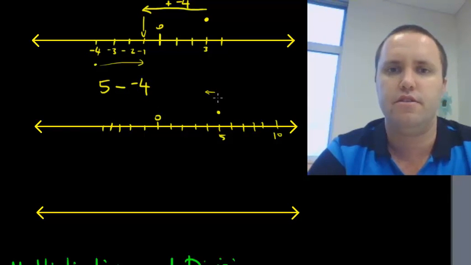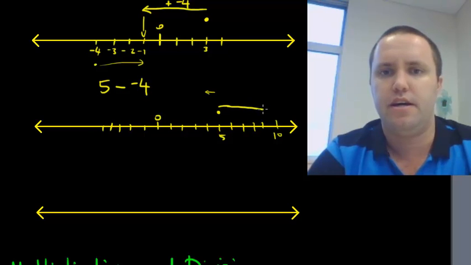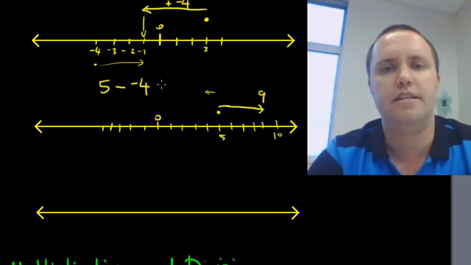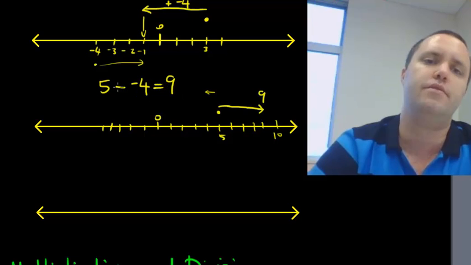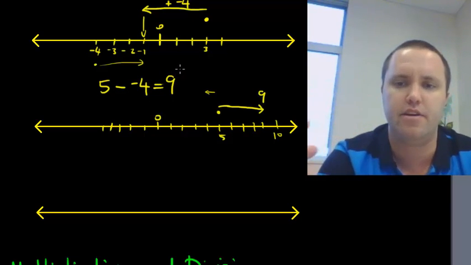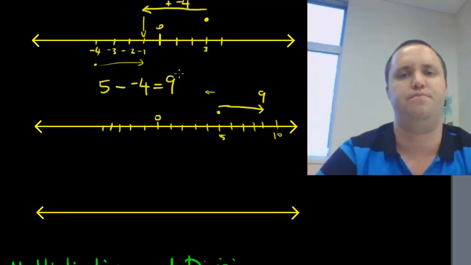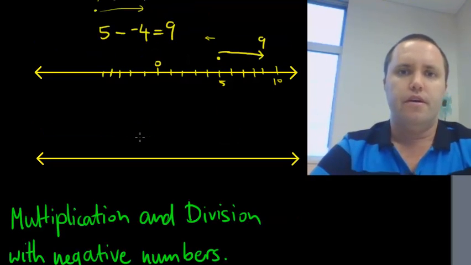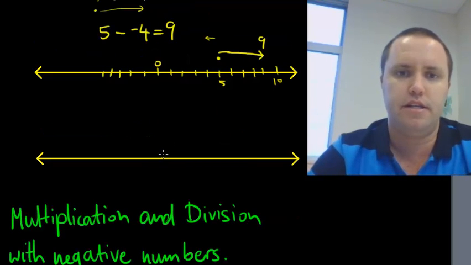So it turns into 5 plus 4, and we end up here at 9. So 5 minus negative 4 is equal to 9. That might seem weird, that we're subtracting and getting a bigger number, but because we're subtracting a negative number, we have to do the opposite operation.